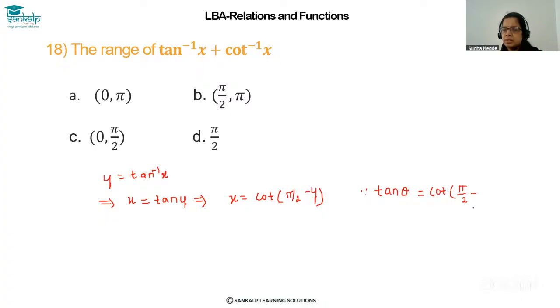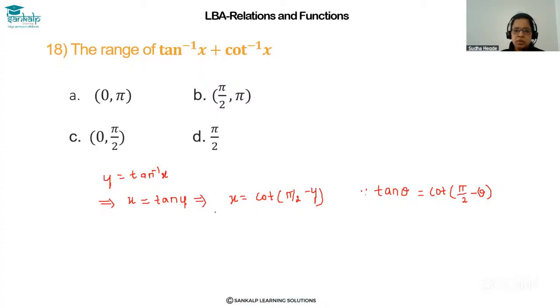With pi by 2 minus, sine will change to cos, cos changes to sine, tan changes to cot, cot changes to tan, like that. So x is equal to cot of pi by 2 minus y.